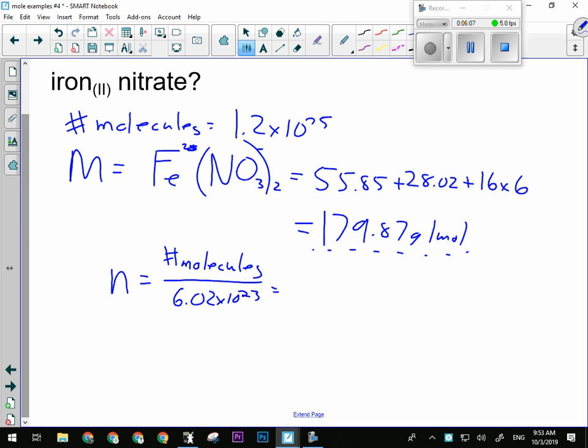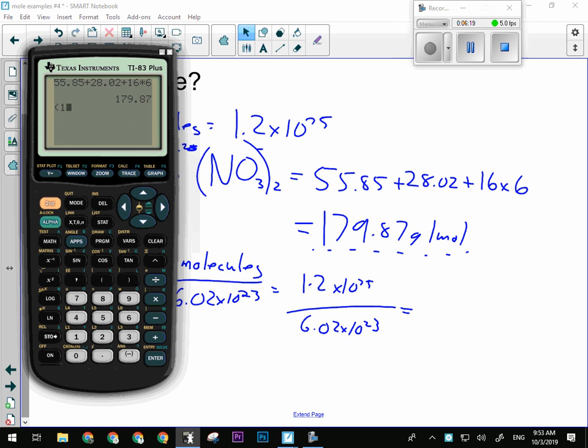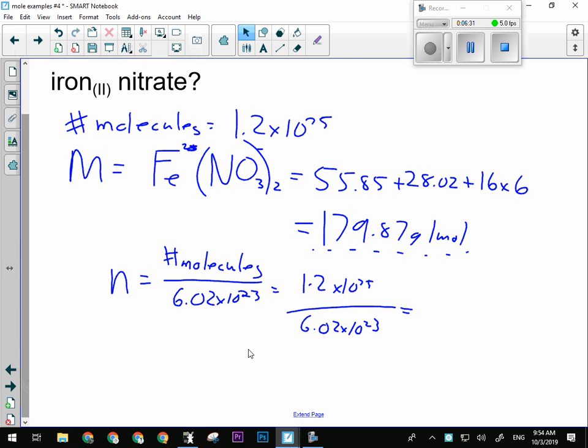So we'll take our 1.2 times 10 to the 25 and divide that by 6.02 times 10 to the 23, and that will get us the number of moles. So we are looking at 19.93 moles, keeping all the decimals.